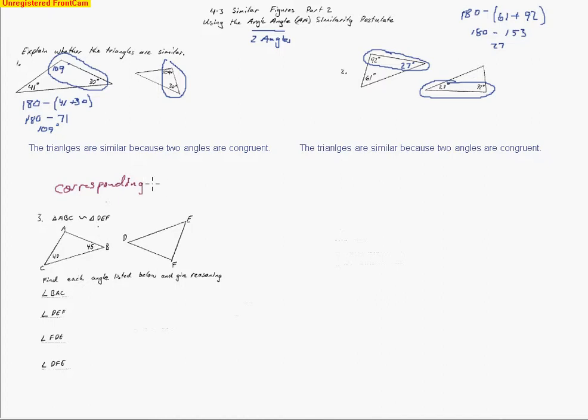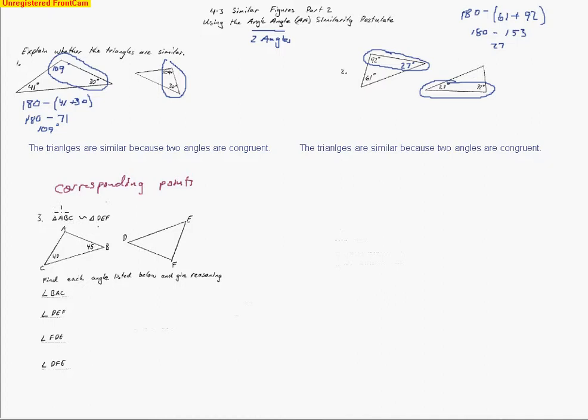I'm going to look at corresponding points to start with to figure out which angles correspond. I can't just look at A and say it looks like it corresponds to F, or E, or D. I know these are similar, so A is going to have the same angle as one of these, but I just need to figure out which one it is.